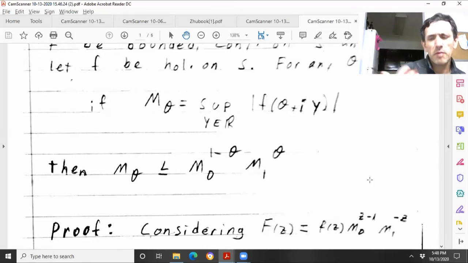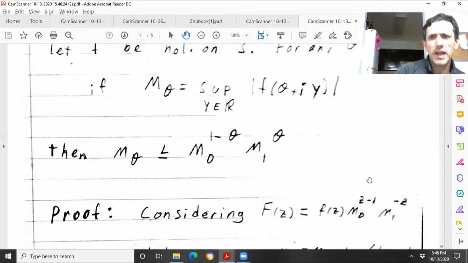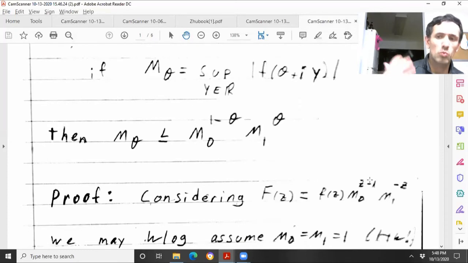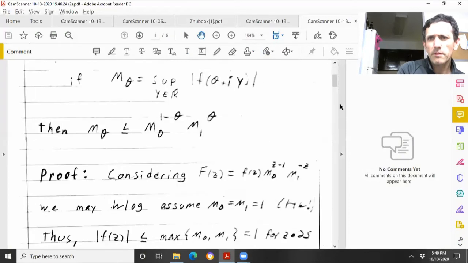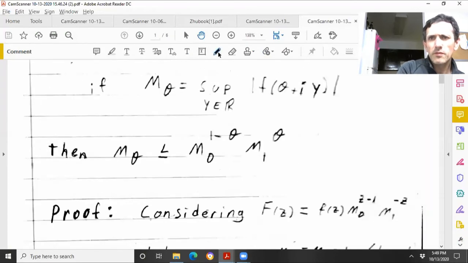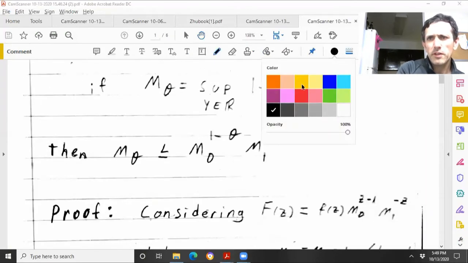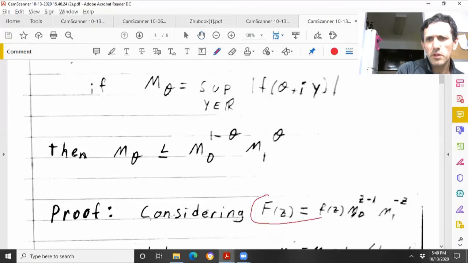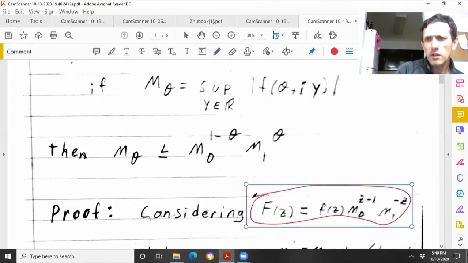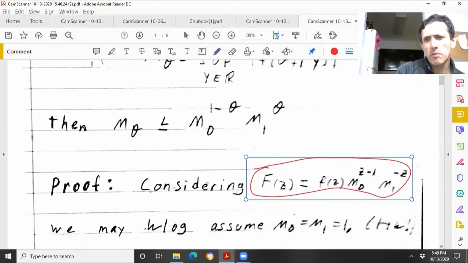Assuming M0 and M1 are positive, if we can prove this in the case where M0 and M1 are 1, then in general we can apply this special case to this new function big F. So just to make things simpler, we can assume that M0 and M1 are 1.